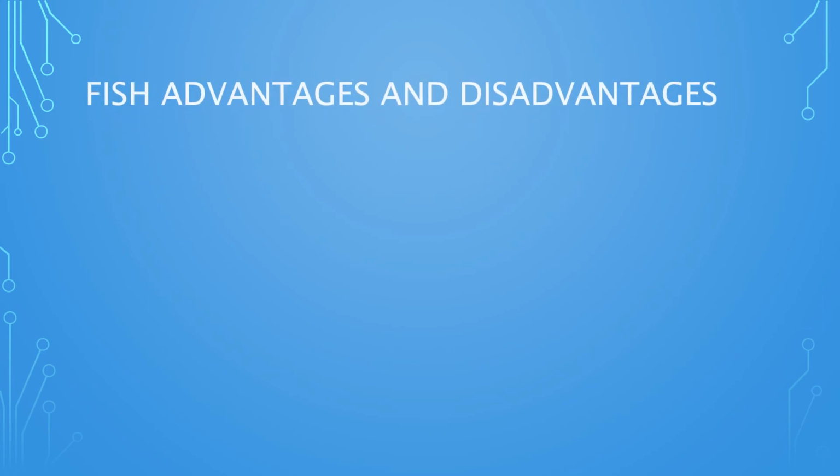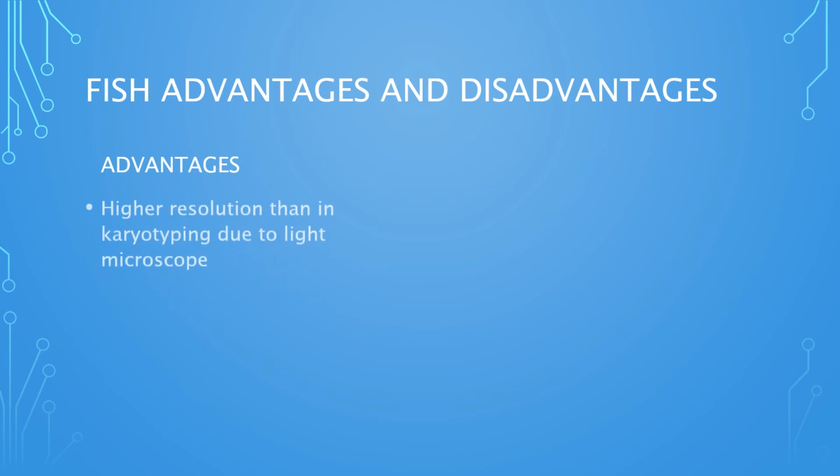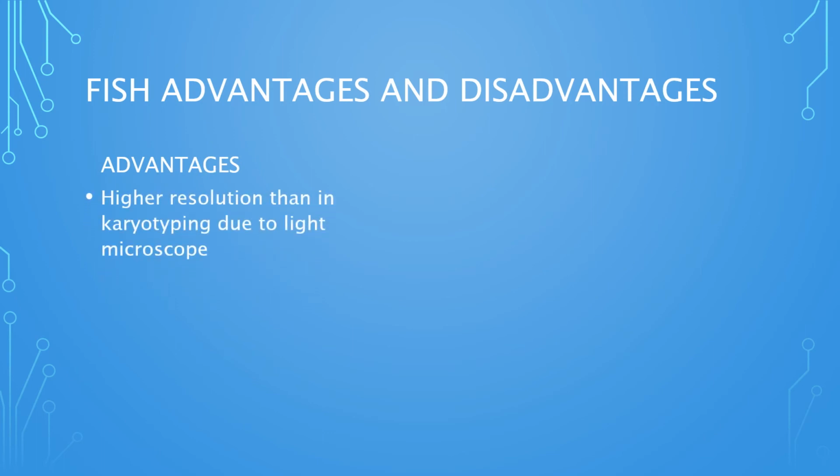There are many advantages and disadvantages in FISH analysis. Some advantages of FISH analysis include that a higher resolution can be obtained than in karyotyping because FISH analysis uses a fluorescence microscope, where karyotyping uses a light microscope.